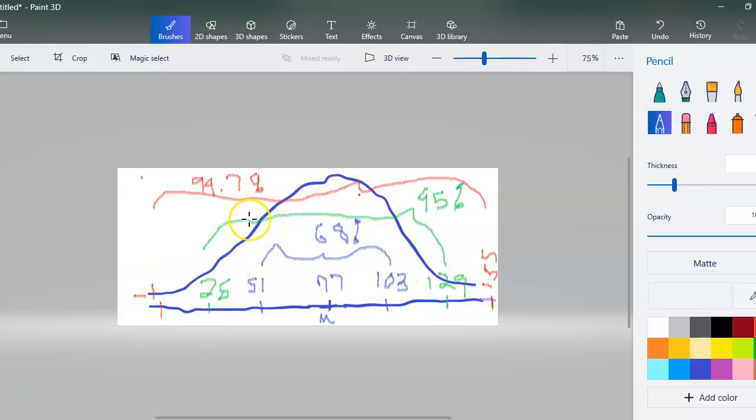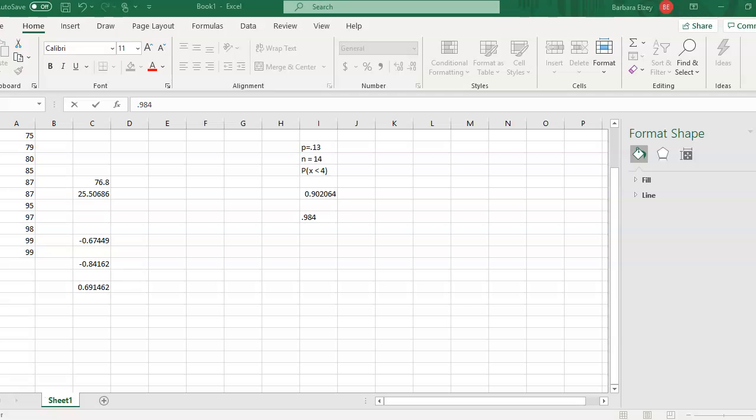But we're looking for, and this is messy, just ignore all the numbers on here, the value for negative b right here, and for positive b right here, and we want all this area in here to be equal to 0.984.